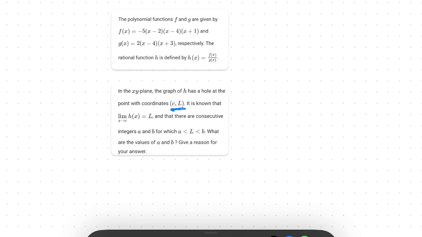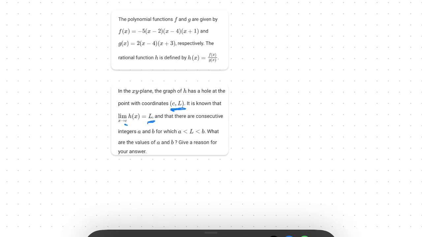It is known that the limit as x approaches c, that's the hole of h of x, is equal to L, which is that output. And there are consecutive integers a and b for which a is less than L and b is greater than L. What are the values of a and b?